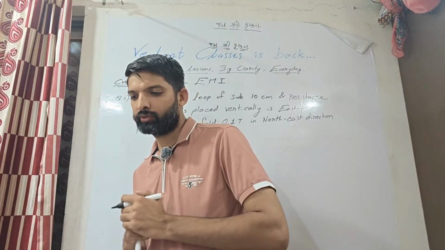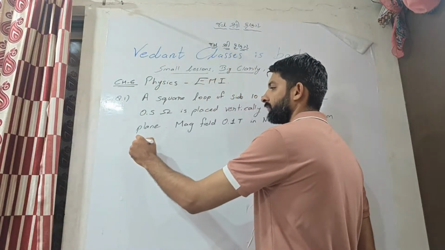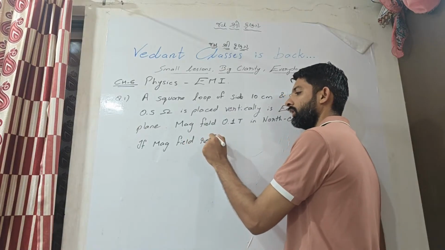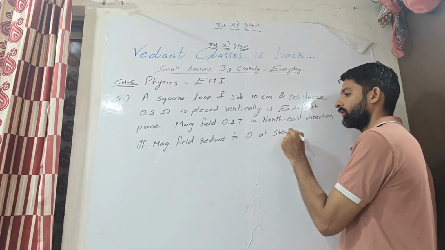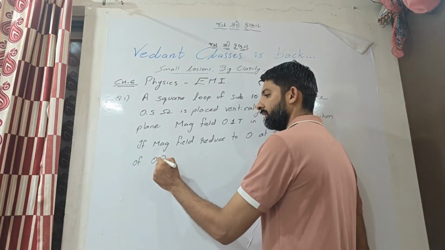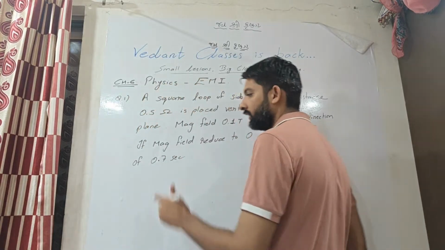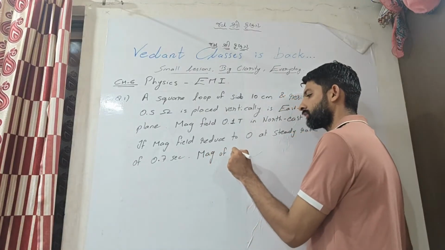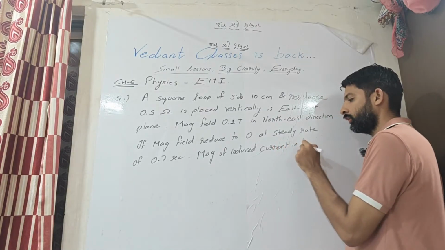If the magnetic field is reduced to 0 at a steady rate in 0.7 second, the magnitude of induced current in the loop you have to find out.